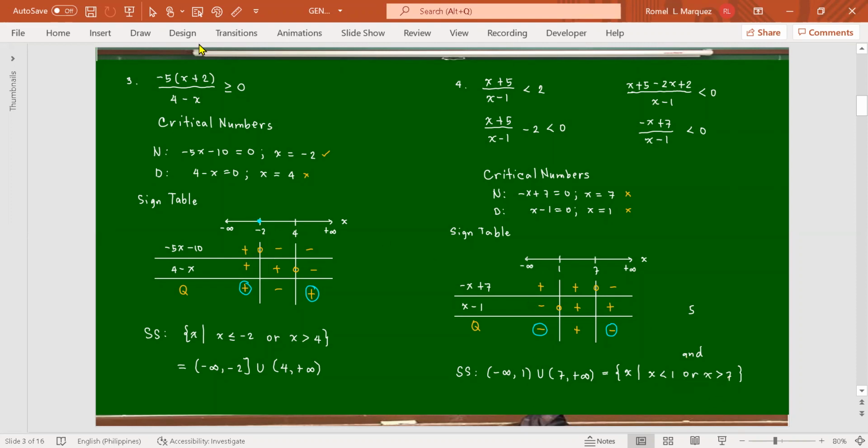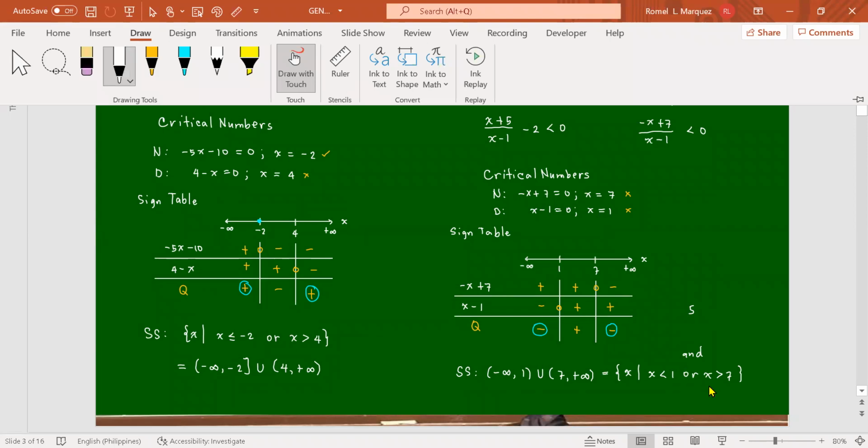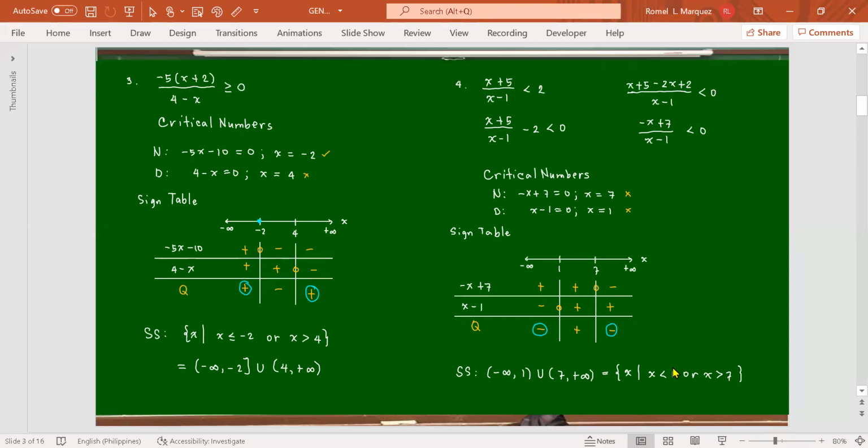So you use or. You cannot have a number that is greater than 7 and at the same time less than 1. You choose one at a time, either to the left of 1 or to the right of 7. Okay, is it now understood?